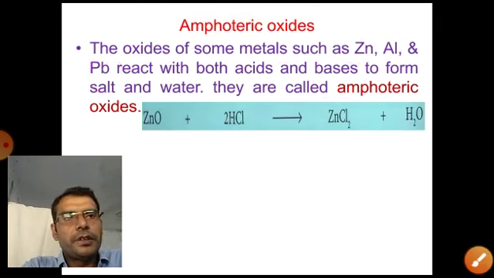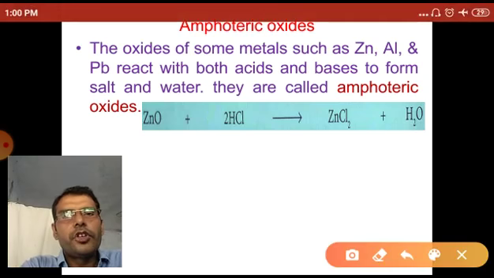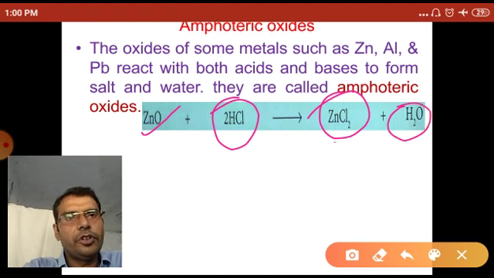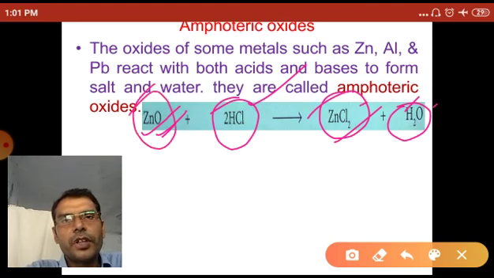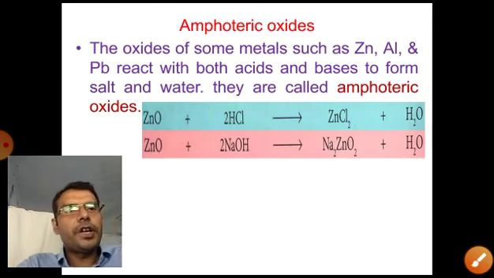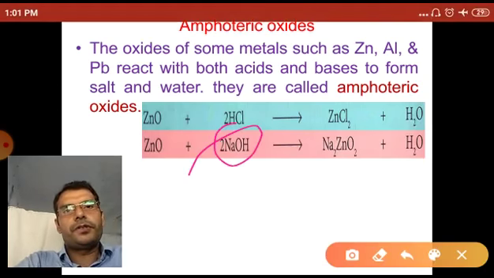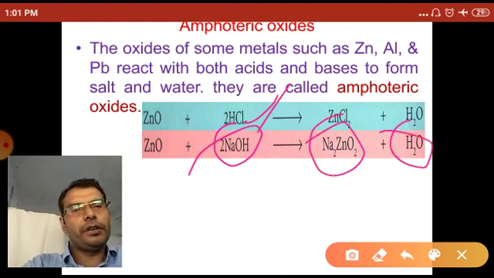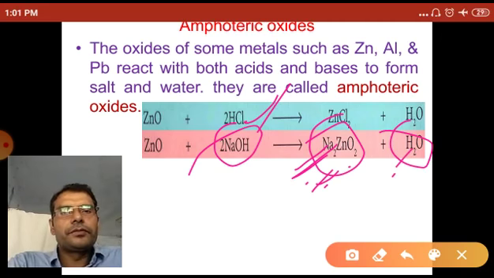For example, when zinc oxide reacts with acid, it forms salt and water: zinc chloride and water. So zinc oxide here reacts with acid to form salt and water, which means zinc oxide is behaving as a base. Now when zinc oxide reacts with NaOH, which is a base, it forms a salt, sodium zincate, Na2ZnO2, and water.